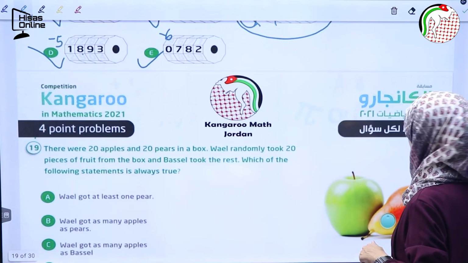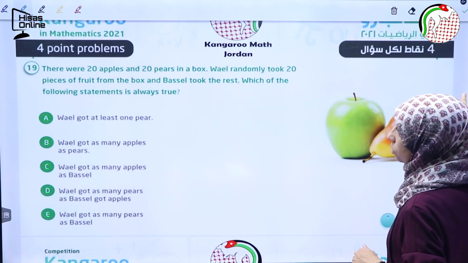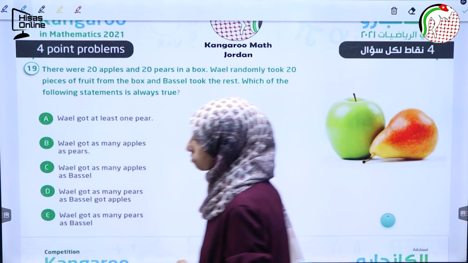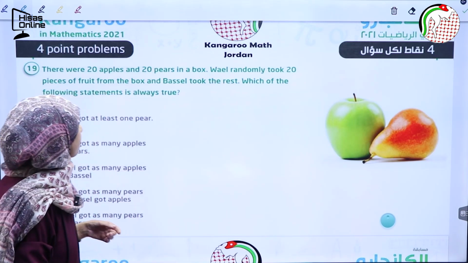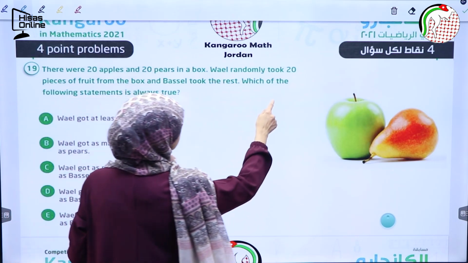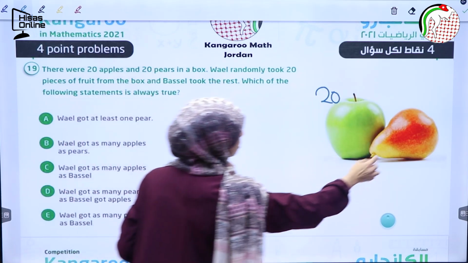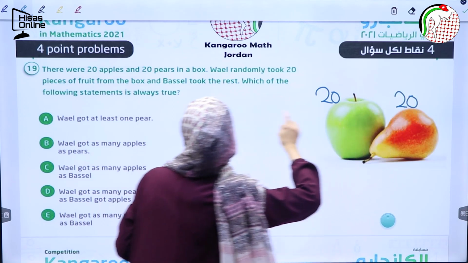Moving to question 19. Question 19. There were 20 apples and 20 pears in a box.